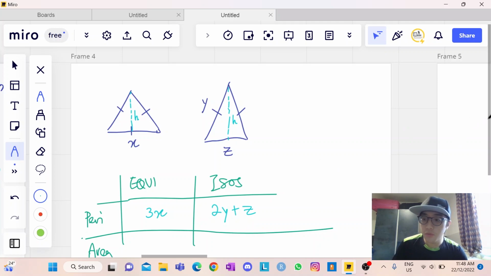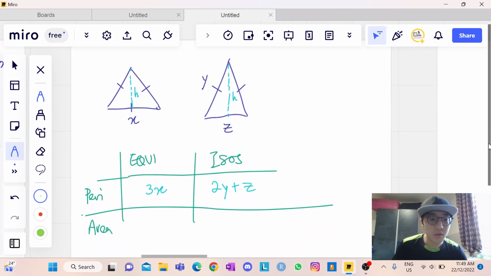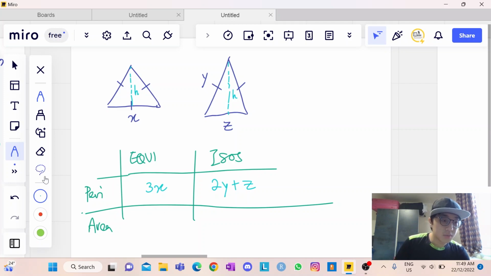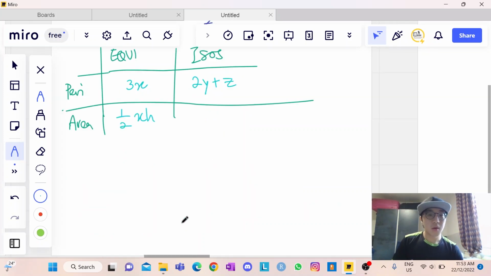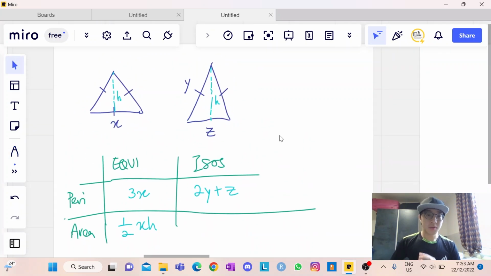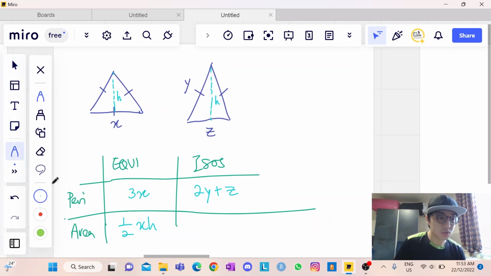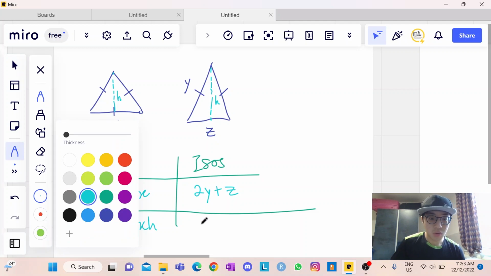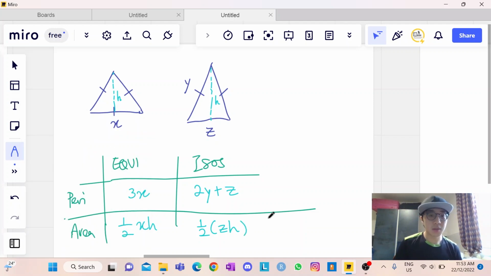All right, so for the area right here, it will be 1 over 2 times x times h. And now for the area of an isosceles triangle, as you can see from up here, it is also 1 over 2 base times the height. So it will be equals to 1 over 2 times z times h. So this is how you can go through the area of the triangles.